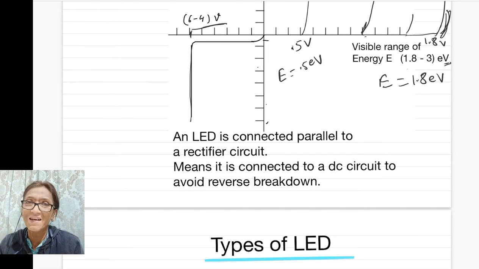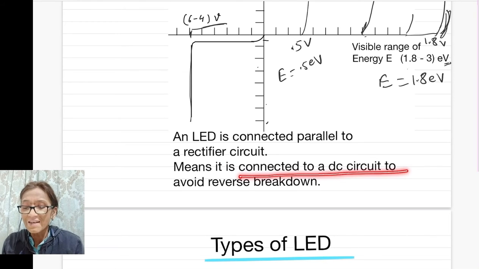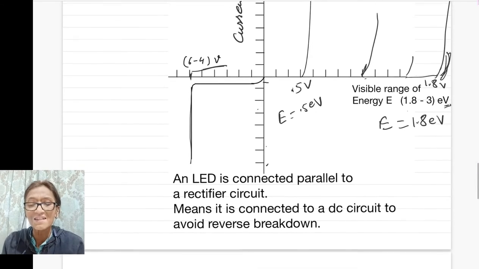It is a very important condition for an LED. There should be DC current in the LED. It is connected to a DC circuit to avoid reverse breakdown, not to an AC circuit. Wherever there is an LED, the circuit is made DC by connecting a rectifier.